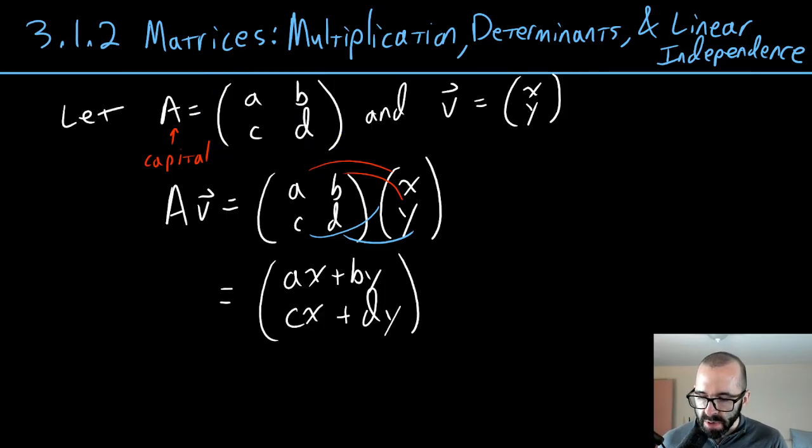So in general, we can make this more generic. Let's say that we have another matrix, and let's make this matrix a bit bigger. This is A11, A12, and we're indexing all of these coefficients all the way up to m.